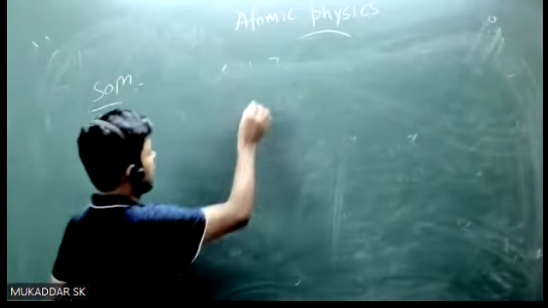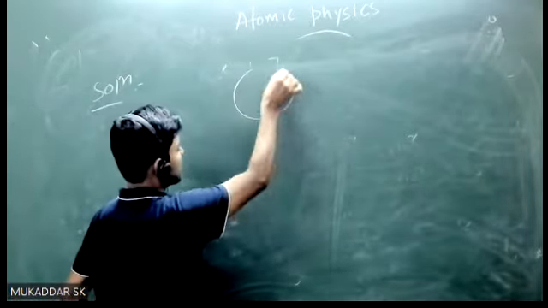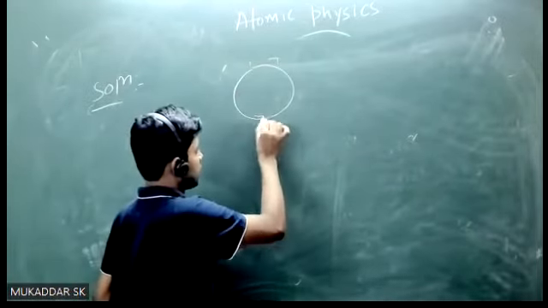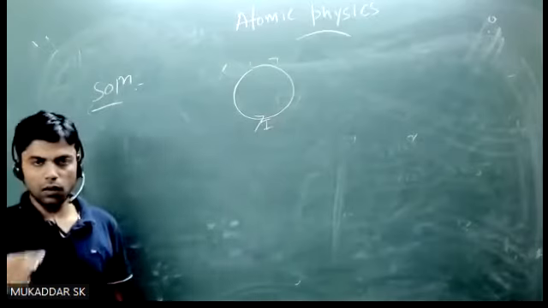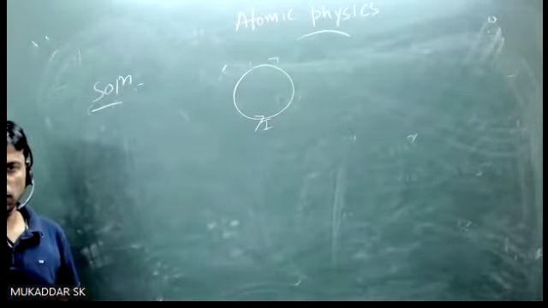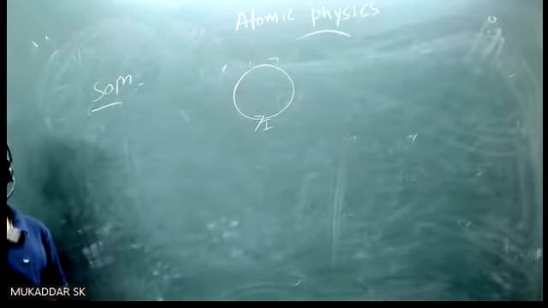We know, suppose you have a current carrying loop. The orbital motion means motion of charged particle around the nucleus, and motion of a charged particle will produce current. So due to this current, you will have some magnetic moment.